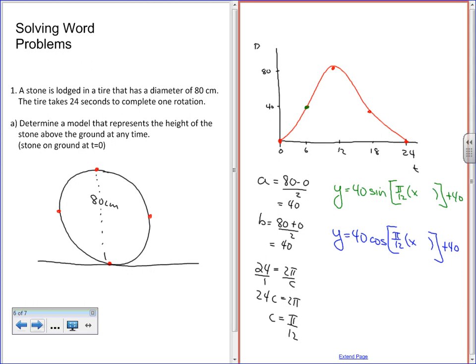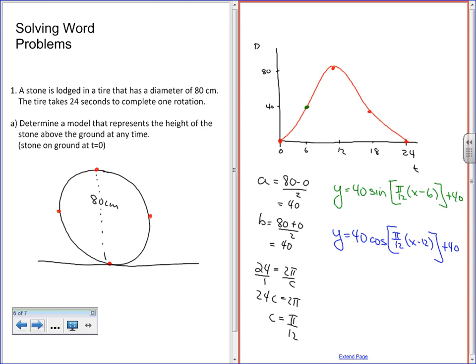How far away has it moved from the y-axis? 6. So minus 6. Where's the starting point for my cosine curve? The third one. And how far away has that moved from my y-axis? 12.